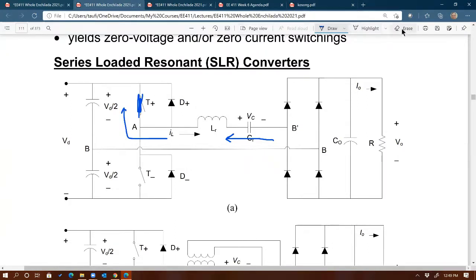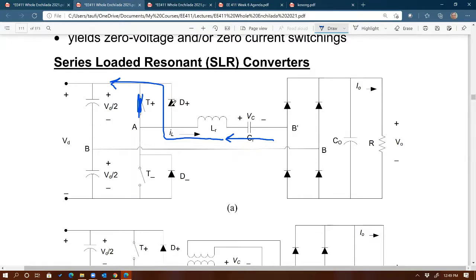But can we still have negative current? The answer is yes, because even though T plus cannot accommodate the negative current, we have D plus that does. So instead of going to T plus, now D plus takes over, naturally, without us forcing D plus to conduct.